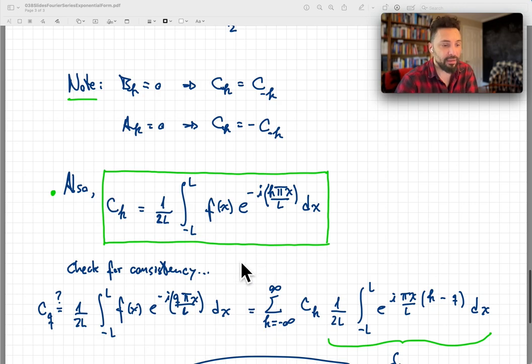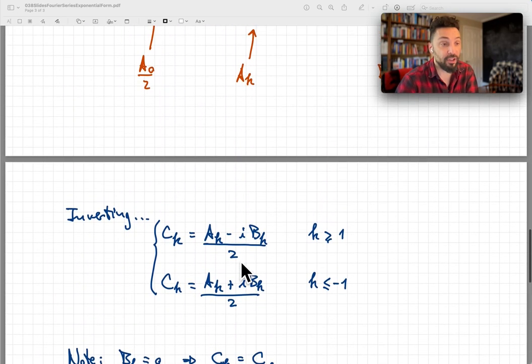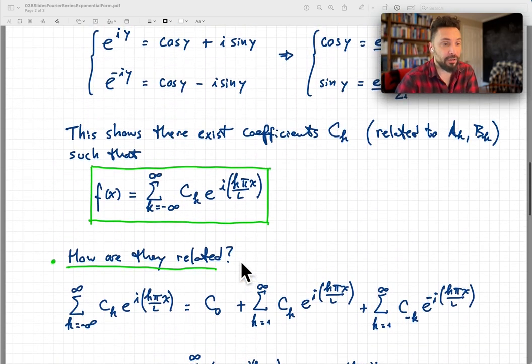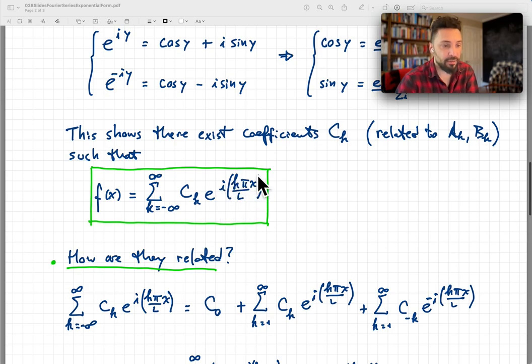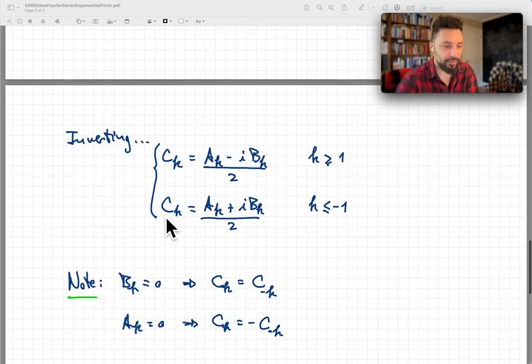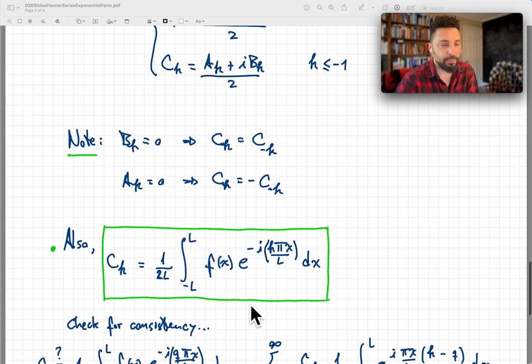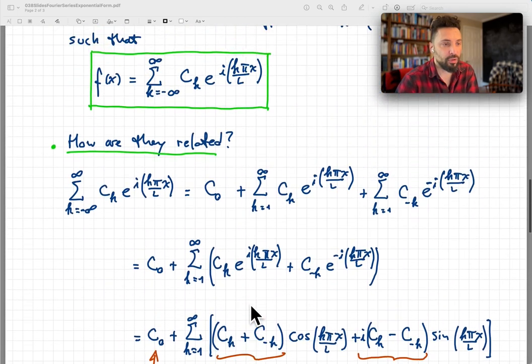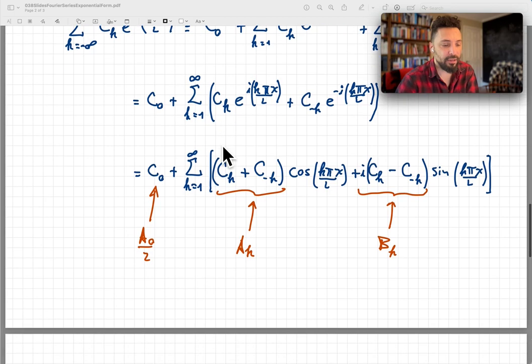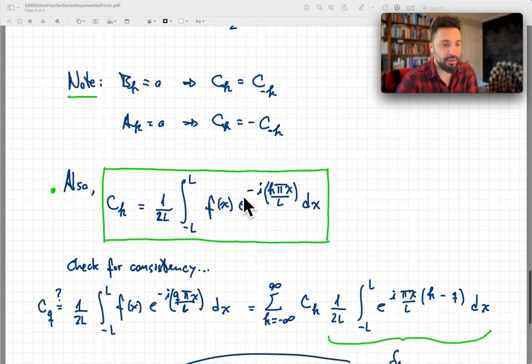Now remember I said that our Fourier series in exponential form can be defined with a plus sign here, with a plus i k pi x over L, but you can also define it with a minus sign, and sometimes it's defined with a minus sign. No matter what you choose here, the opposite sign will appear in this formula. So if you choose this form with a plus sign, then there has to be a minus sign down here as I wrote.